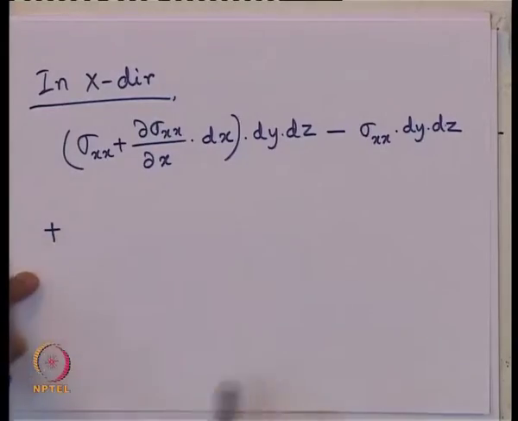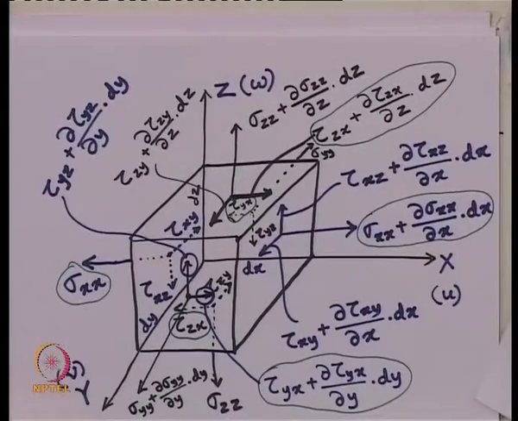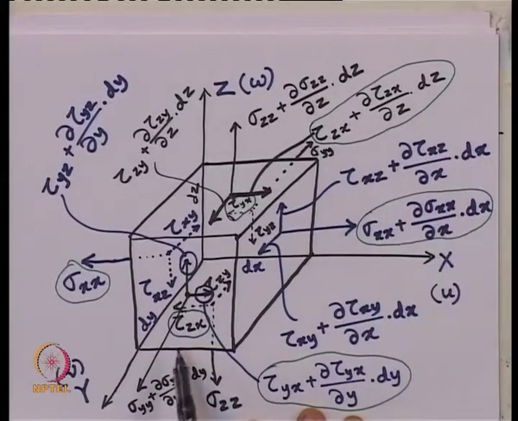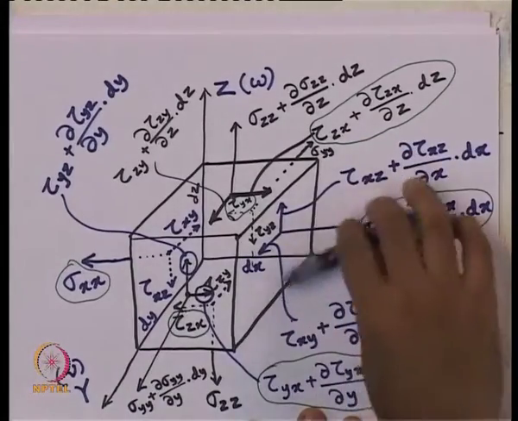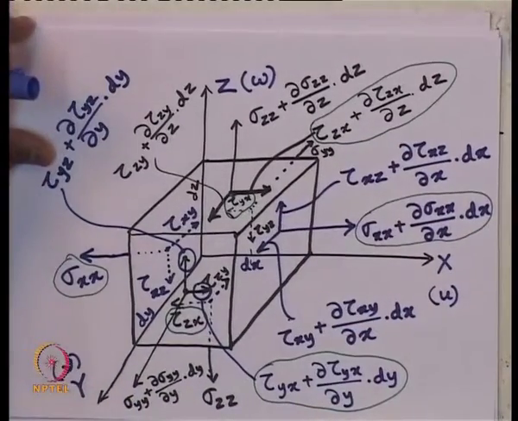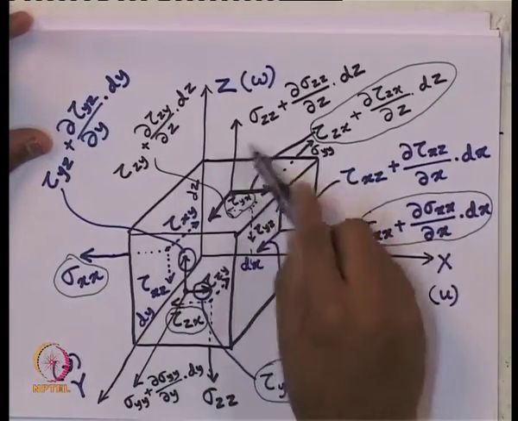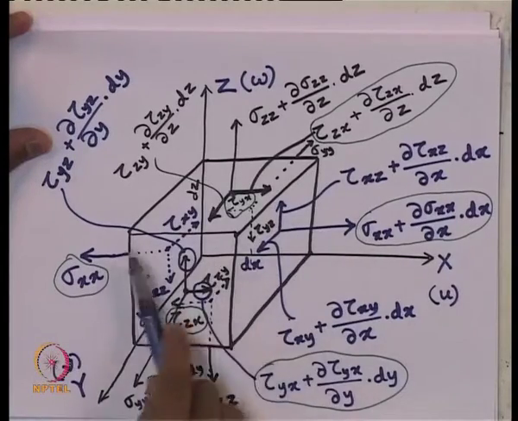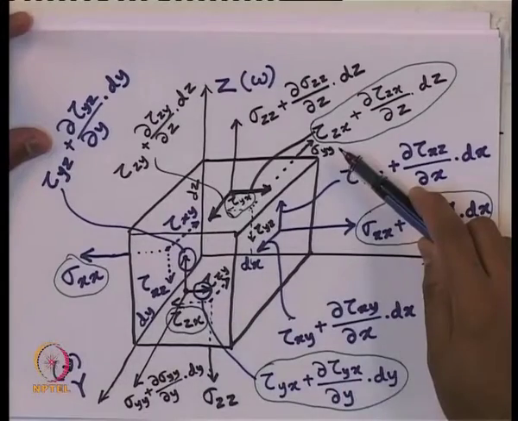Plus, next, what are the stresses acting in the x direction? We have tau zx on this face and tau zx on the other face. So, the net resultant is in this direction, and it is acting on this z plane. What is the cross sectional area for this? dx dy.